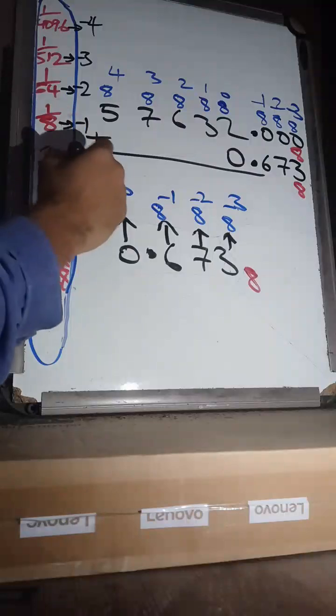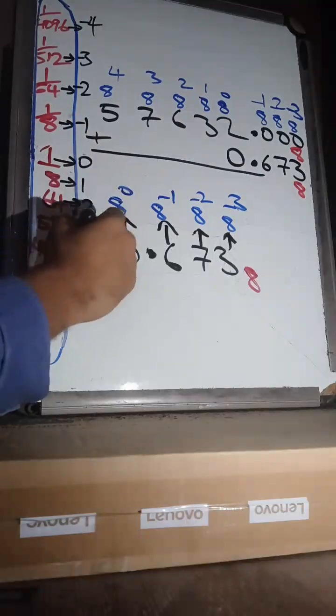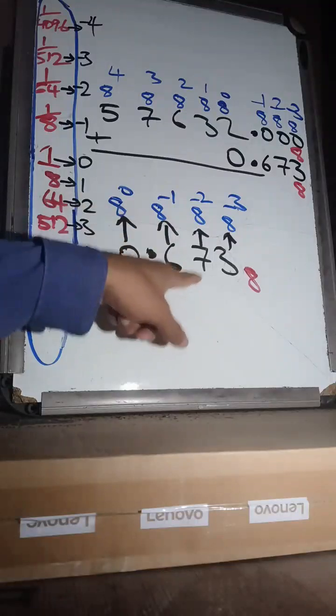This would be your 1, 2, 3, 4, 5. So this way we don't make any mistakes. We're not going to multiply this by 8, this by 64, this by 512. It's the inverse of them.